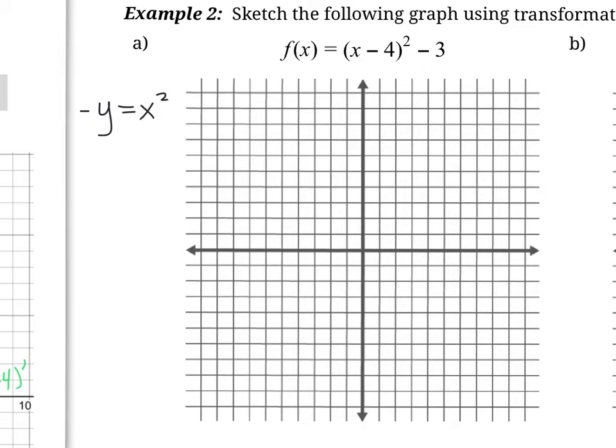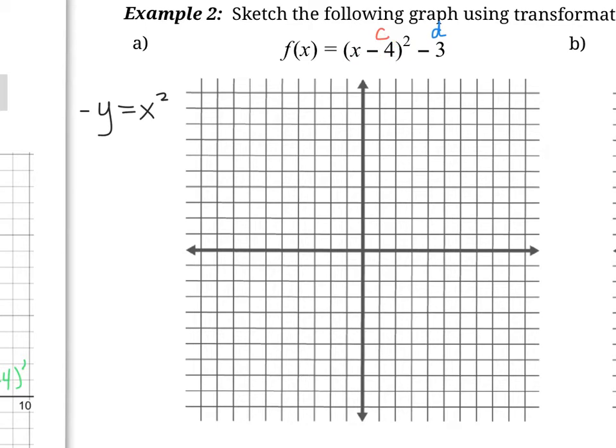Well, if you go back to our previous page, C is any number that's added or subtracted directly to the x inside the function, and then we have D, this must be D, it's outside the function. So if we go back to our cheat sheet, what does this mean as a transformation? If C looks negative, everything happening inside the function is opposite of how we think it's going to be. So it looks negative.